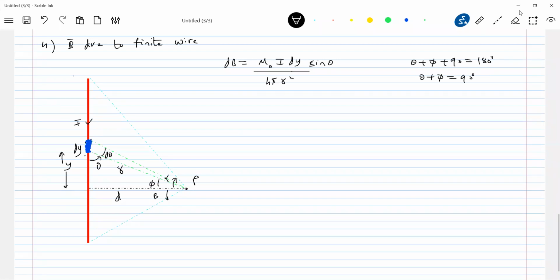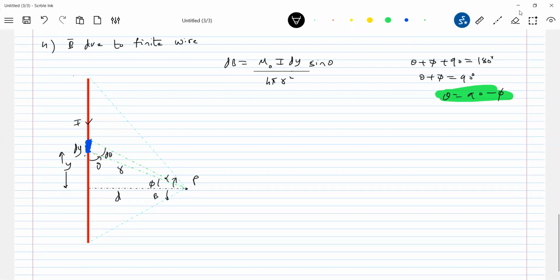So the first replacement is done from this. So theta equal to 90 minus phi. Okay, that's one replacement. Then again we have to replace r also, and dy also has to be replaced here.